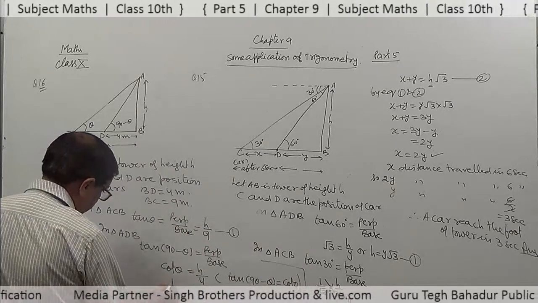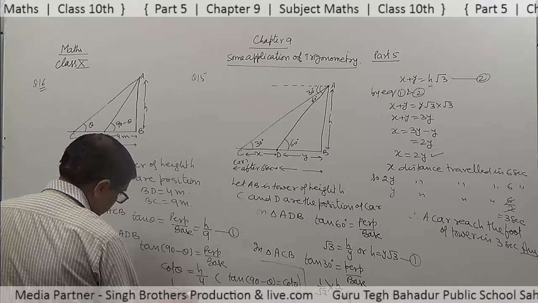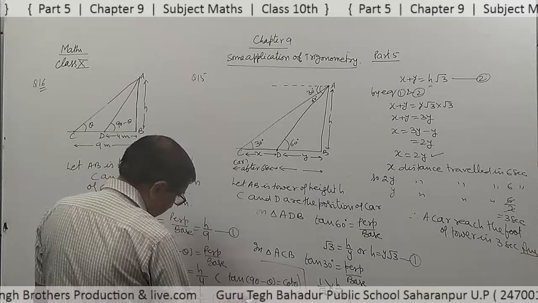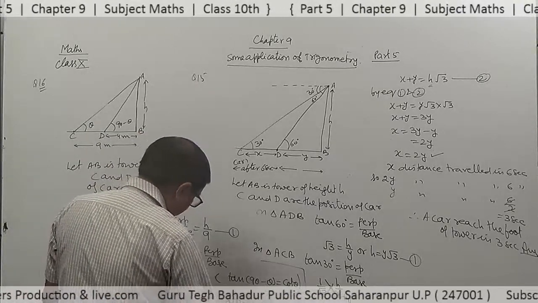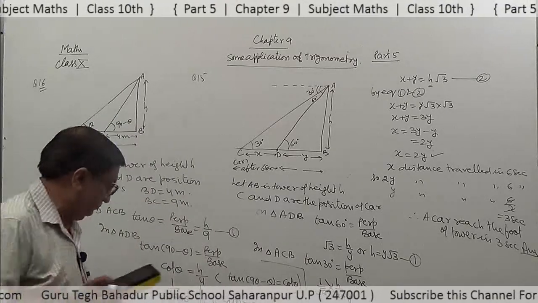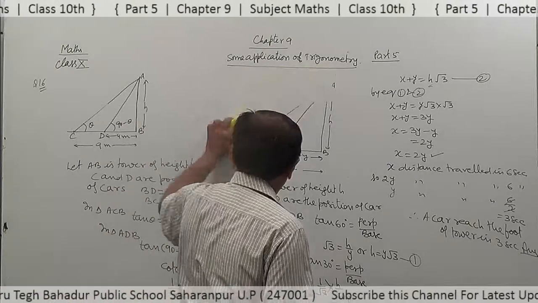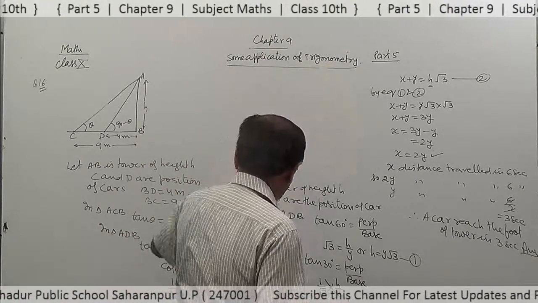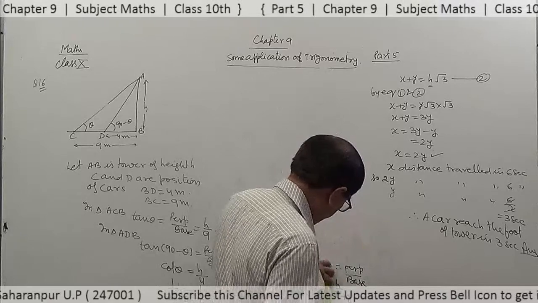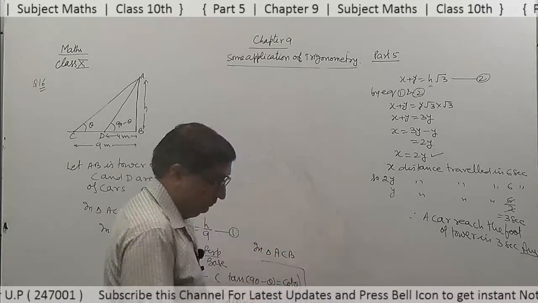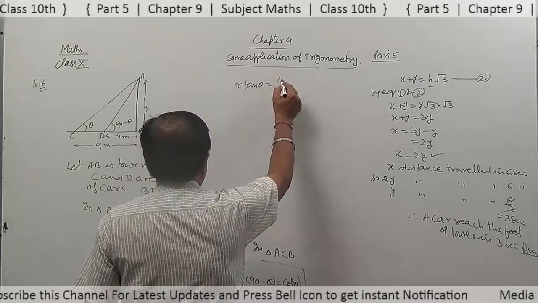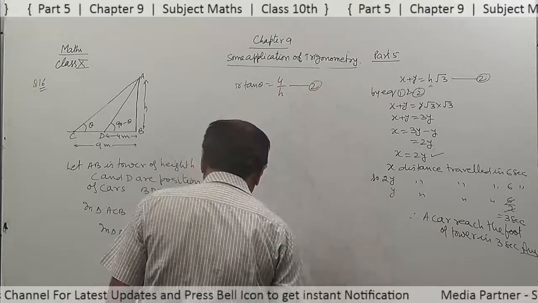Cot is the reciprocal of tan. So 1 upon tan theta is equal to h upon 4, or tan theta is equal to 4 upon h. This is the second equation.